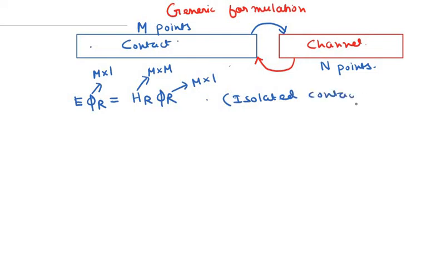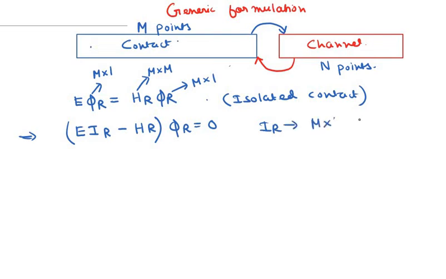We can write this equation as E IR minus HR phi r equals 0, where IR is an identity matrix of m cross m size.